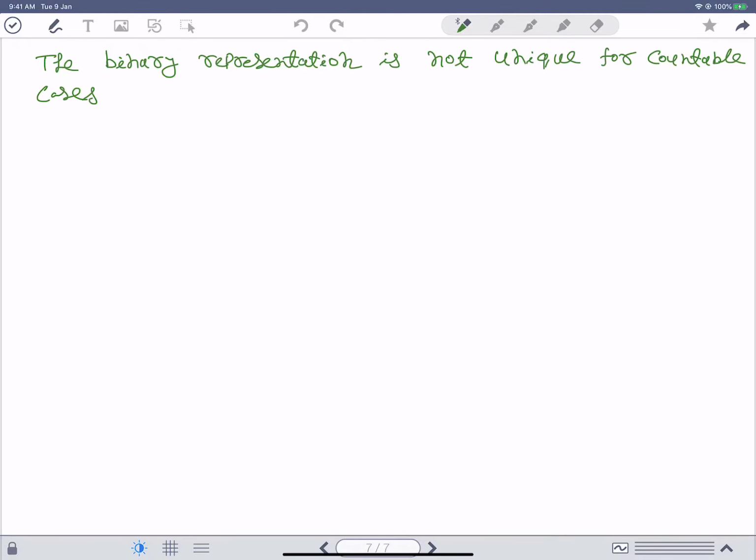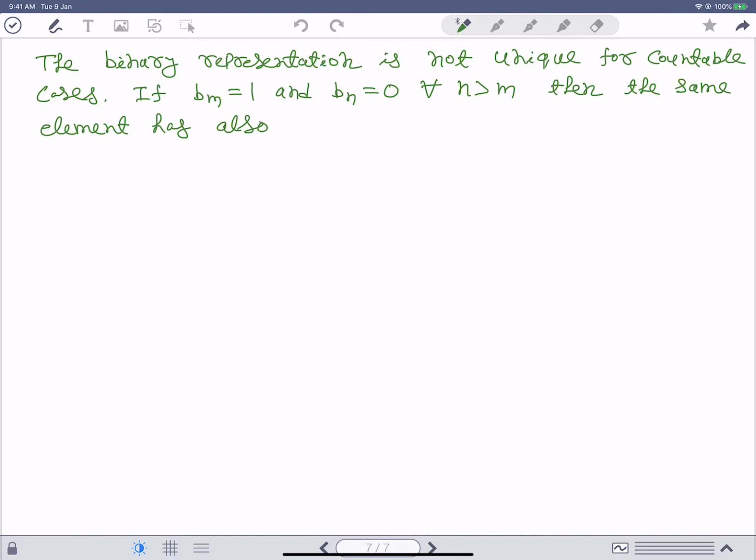You can prove that, because if say b_m equal to 1 and b_n equal to 0 for all n bigger than m, then the same element has also a representation b_m equal to 0 and b_n equal to 1 for all n bigger than m.